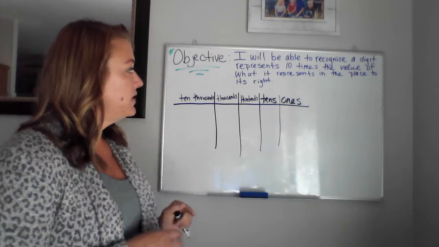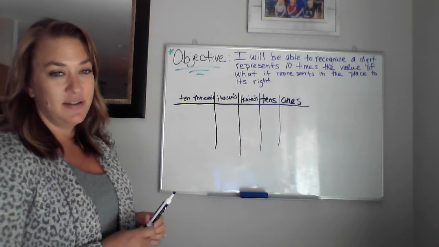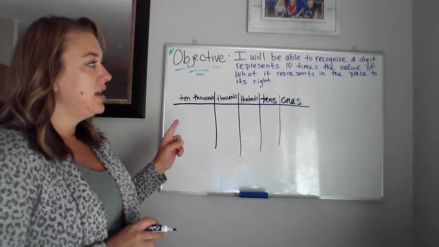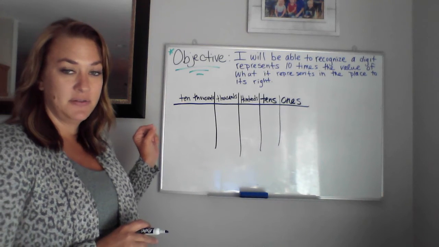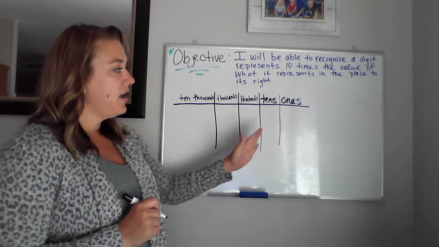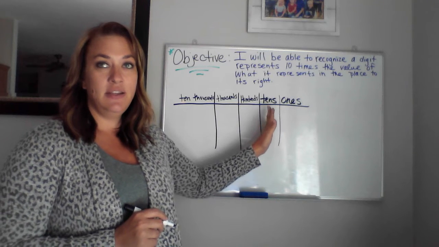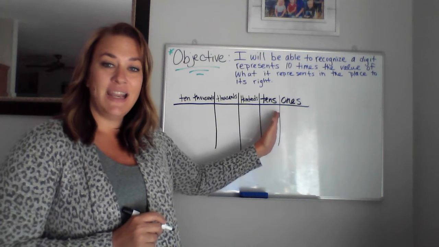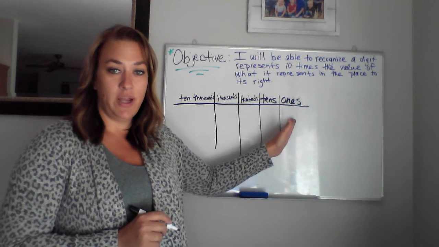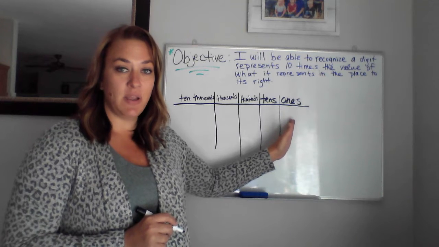Our objective for today is: I will be able to recognize a digit represents 10 times the value of what it represents in the place to its right. Let's dig into that a little bit. If I have 110, I need to be able to recognize that that is 10 times more than 11, because the place value to the right of my tens is the ones place.